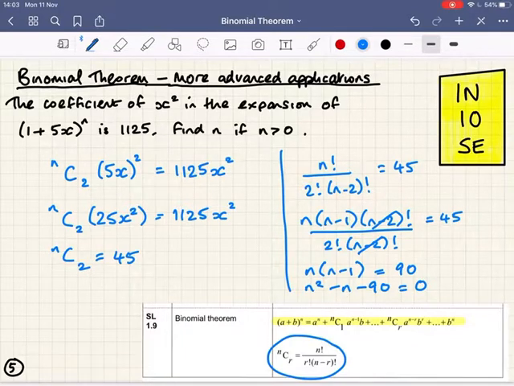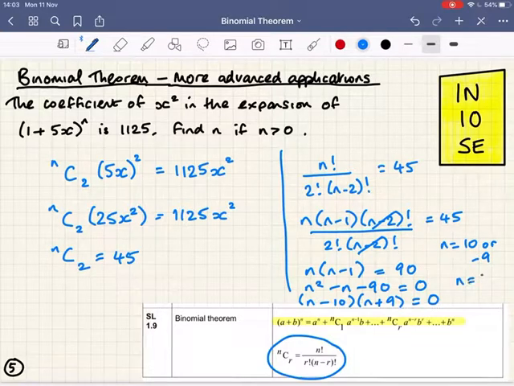You could use the quadratic formula if you can't see it, but I can see that that is (n minus 10) times (n plus 9) equals 0. So n equals 10 or negative 9. But my question says find n if n is greater than 0, so n must be equal to 10.